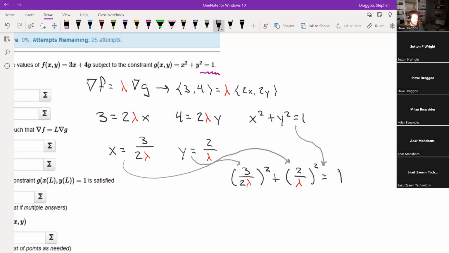So I can solve that thing for lambda. And what is this thing going to look like? I should have left it as 4 over 2 lambda. Would have made my life a little easier.